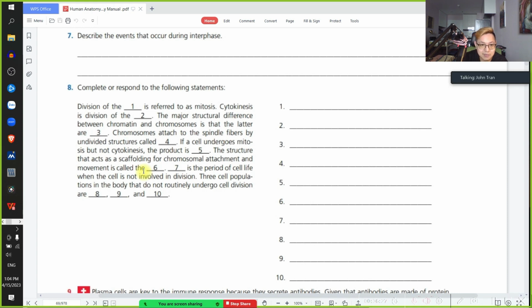It's actually the centrosome or centrioles if you want to. Nó sẽ giữ làm sao để mà cái chromosome nó di chuyển đúng hướng, right? It will basically hold the thing, help the chromosome to move to the right place, isn't it?